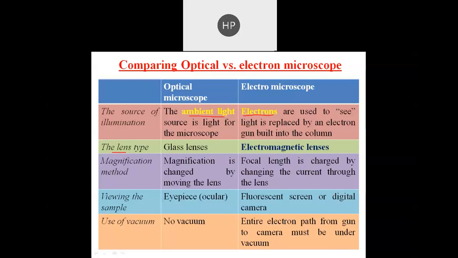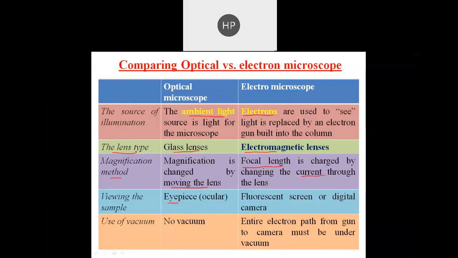The lens type: glass lenses are used in optical microscope, while in electron microscope we have an electromagnetic lens. Then magnification. Magnification can be changed by moving the lens, while here focal length is changed by changing the current through the lens, and that's how we get the magnification.